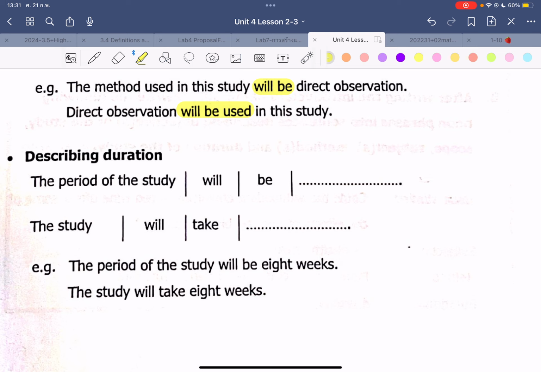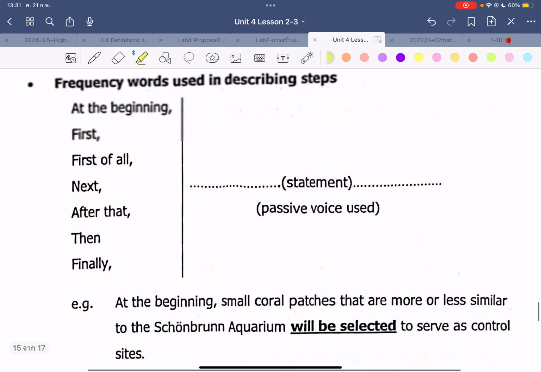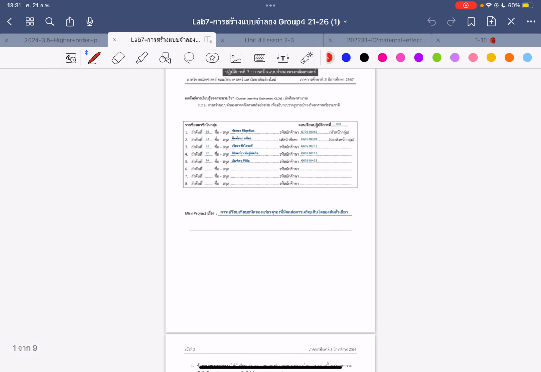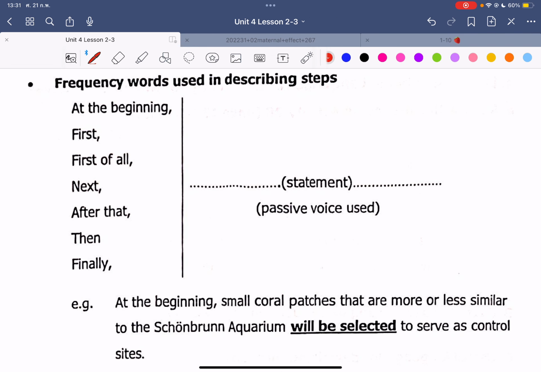So this is talking about time now. Sequencing words at the beginning, so we already looked at the sequencing words like first of all, next, after that, and also we use passive voice. How to make passive voice นะคะ ทำยังไงนะ? What was the structure for passive voice? Normally the language in proposals we use in passive voice นะคะ.